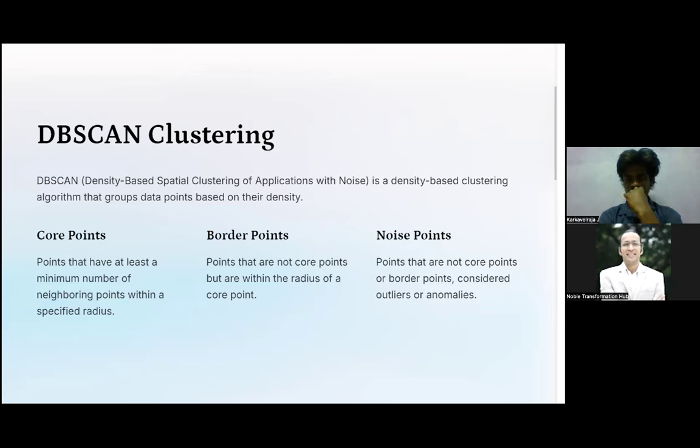And then you have noise points. Noise points are not core points or border points. They are neither core nor border, and they are the outliers and anomalies. They are considered as outliers and noise. So you have to see what is noise in your data.